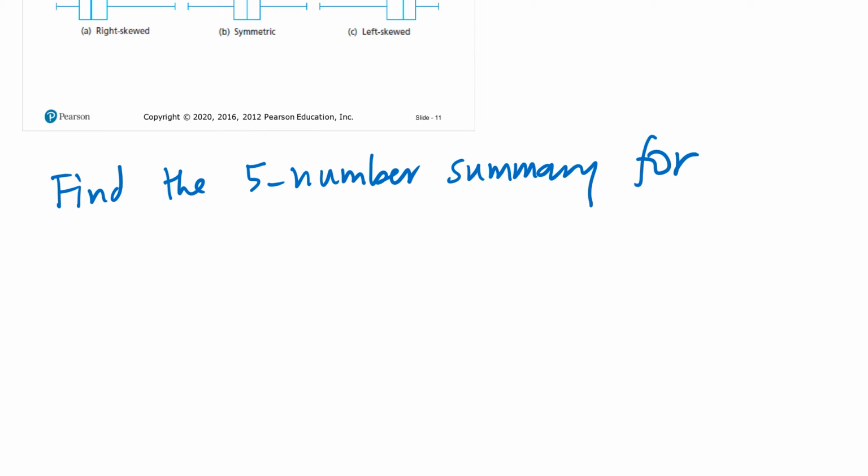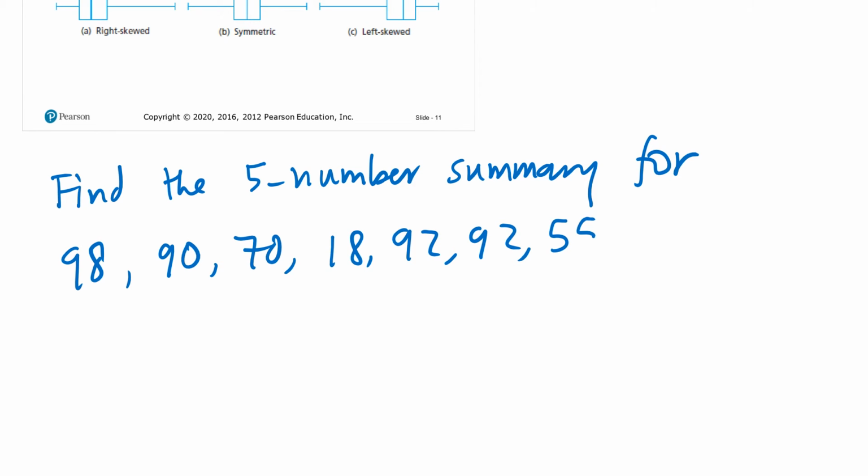For the data 98, 90, 70, 18, 92, 92, 55, 83, 45, 95, 88, 76. The first thing, which is important, is to arrange the data in ascending order.